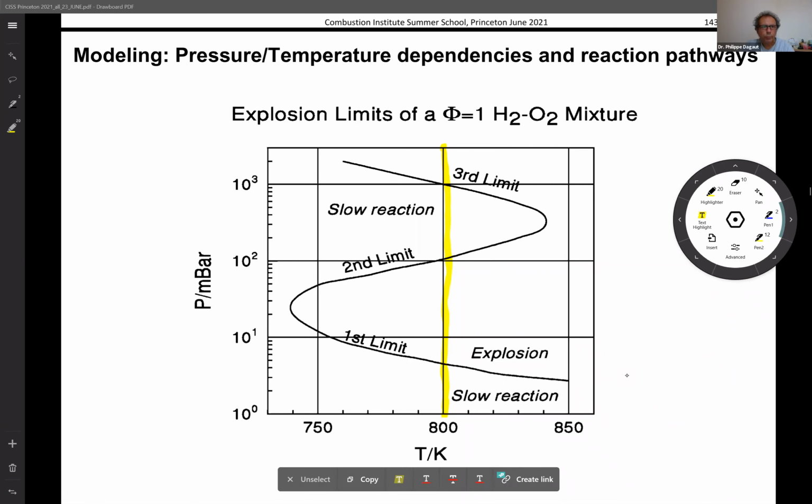Okay, we continue with the modeling aspect and pressure temperature dependencies of reaction pathways. So this is the well-known explosion limit of hydrogen and oxygen mixtures.